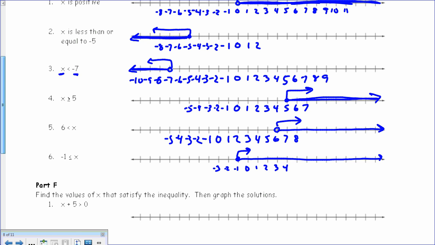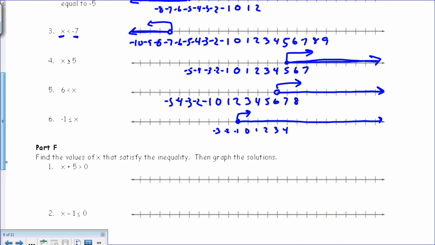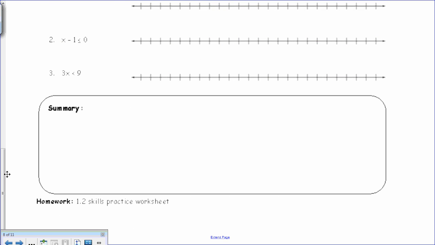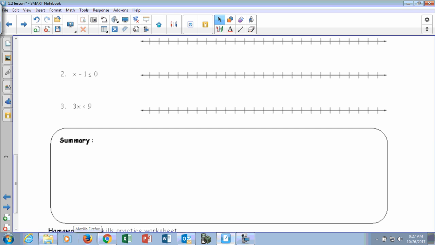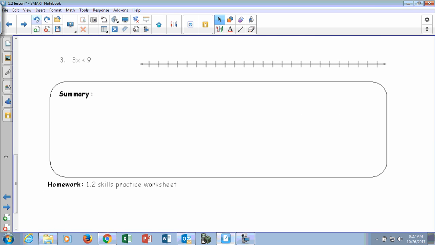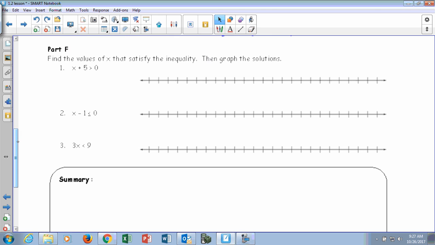All right, so now in part F, it says the values of x that satisfy the inequality, then graph a solution. We got to find them. So this is kind of like solving an equation, but now instead of an equal sign, I just moved my whole graph here. Okay.